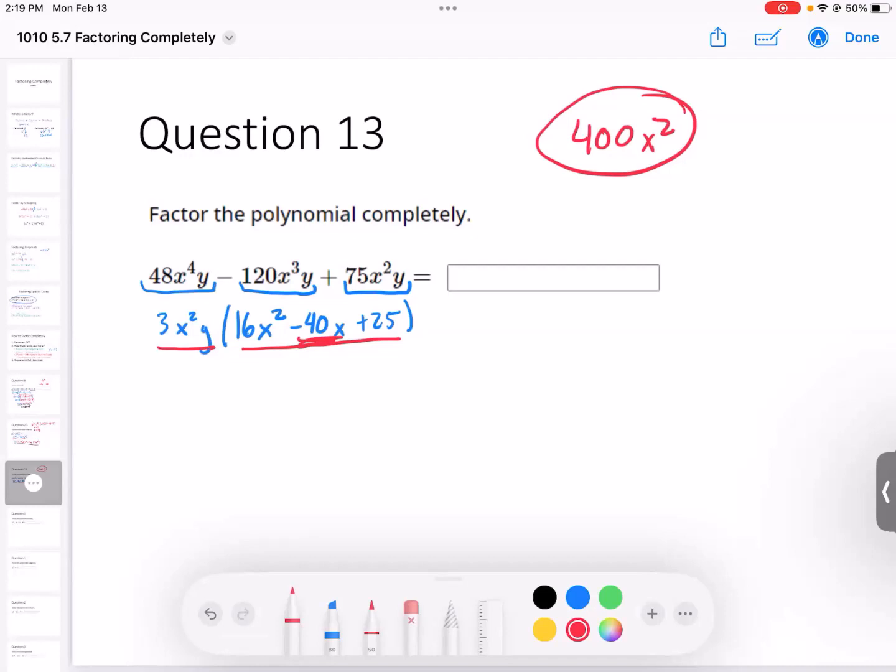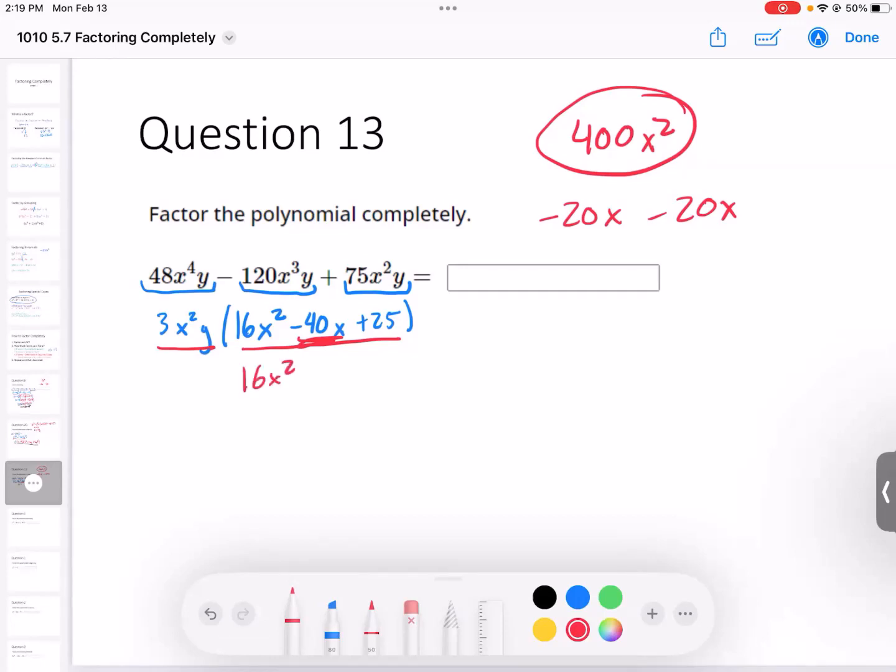What 2 numbers multiply to 400 and add to negative 40? Say it again. I heard a couple. Okay, perfect. Like that? Yep, that should work because negative 20 times negative 20 will be positive 400. X times x will give us x squared. And if you add them together, that would equal negative 40.